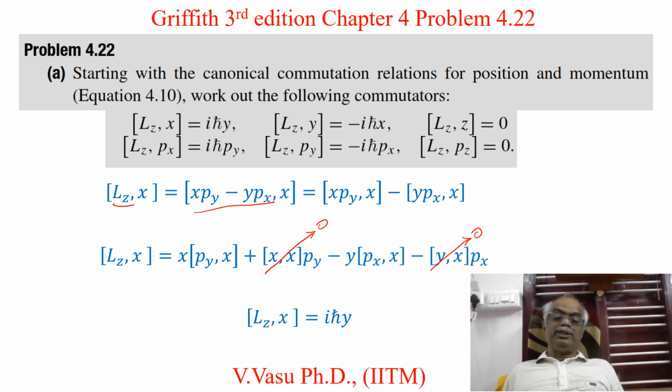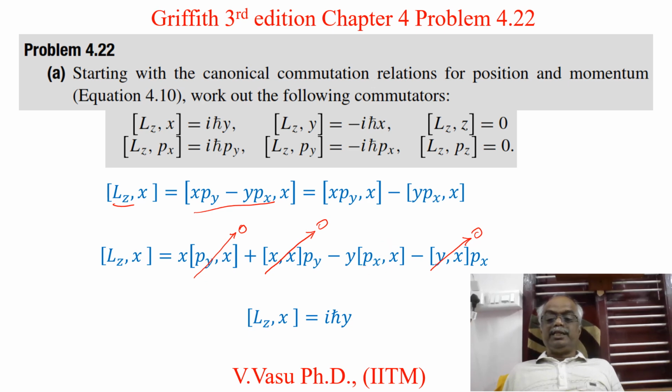And what about the first one? That is the commutation of py with x. See, you can independently measure the x component and y component of momentum. So this also will be 0. And the only thing left is minus y times the commutation of px with x.